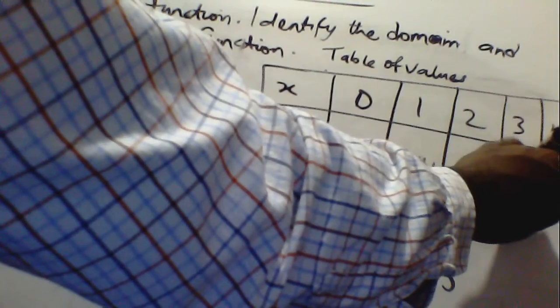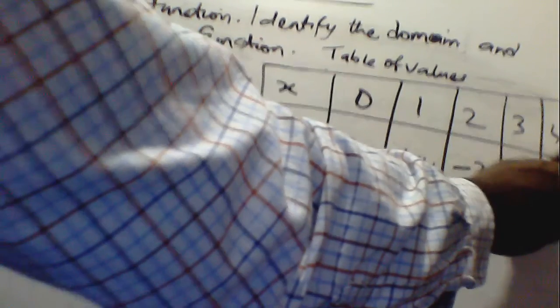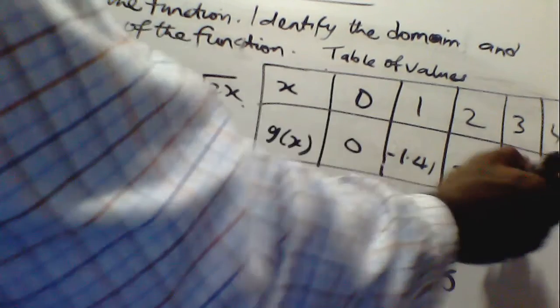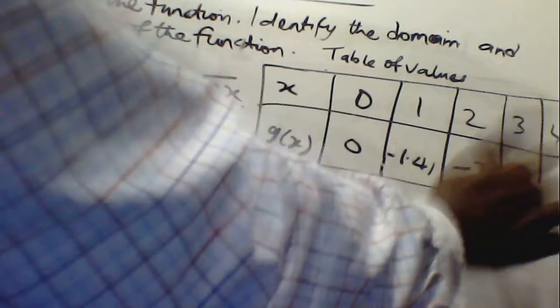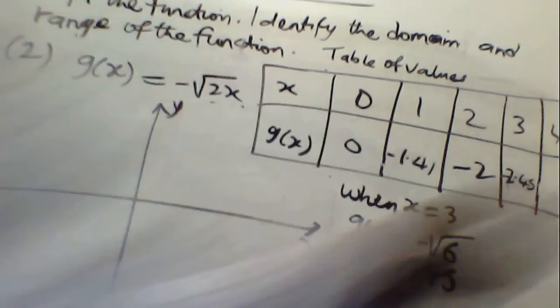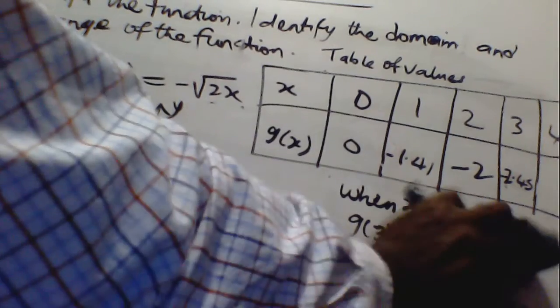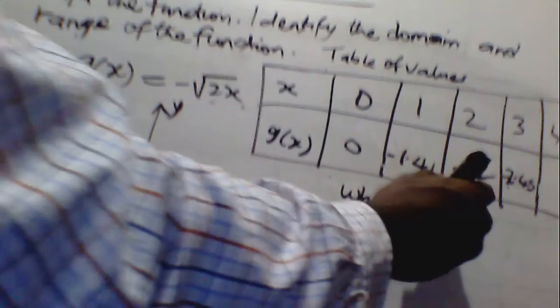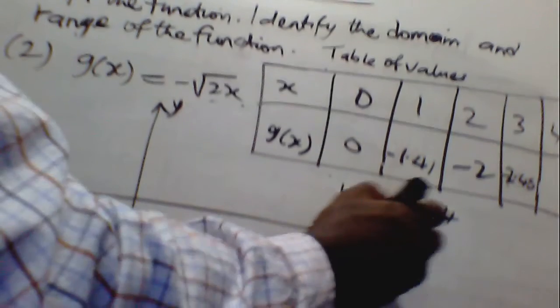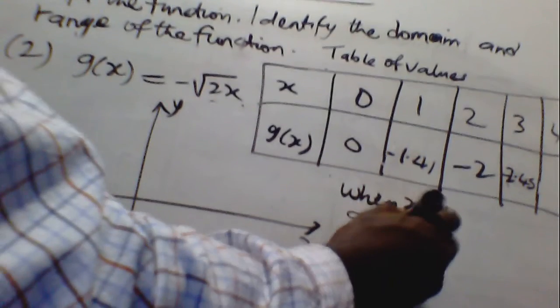Then you check x equals 4. g of 4 will give us minus root 8.